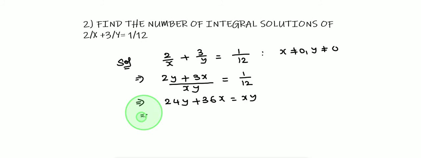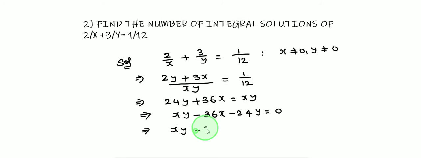I can rewrite this expression as xy - 36x - 24y = 0, which is equal to xy - 36x - 24y + 36 times 24 = 36 times 24. Why? Because on both sides we have added 36 times 24.